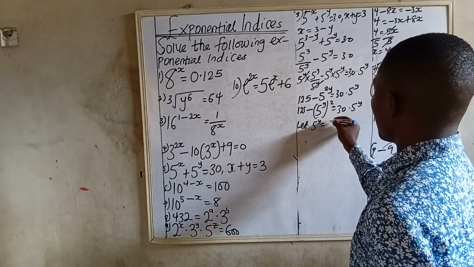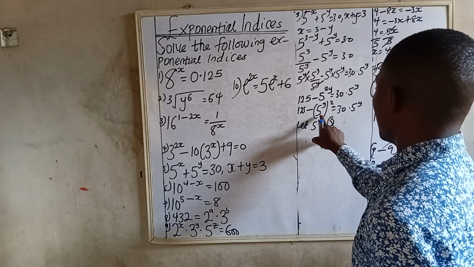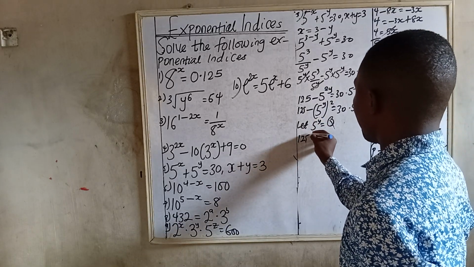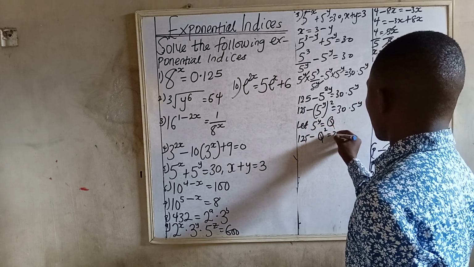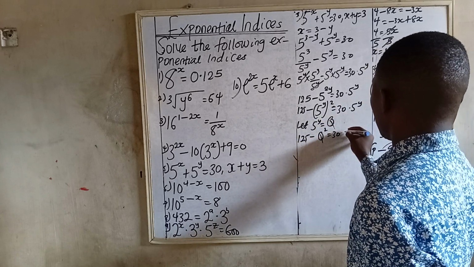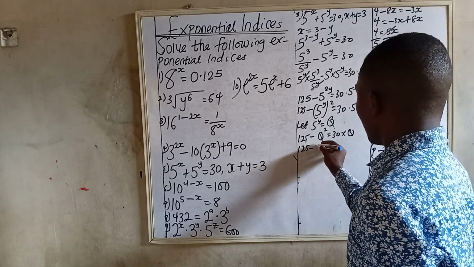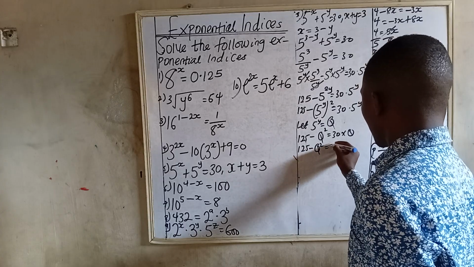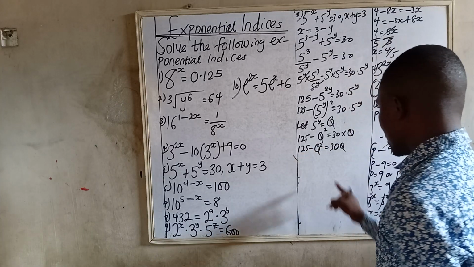Okay, let's use q here. So we have 125 minus q to the power 2 is equals to 30 times q. So we have 125 minus q raised to the power 2 is equals to 30q.